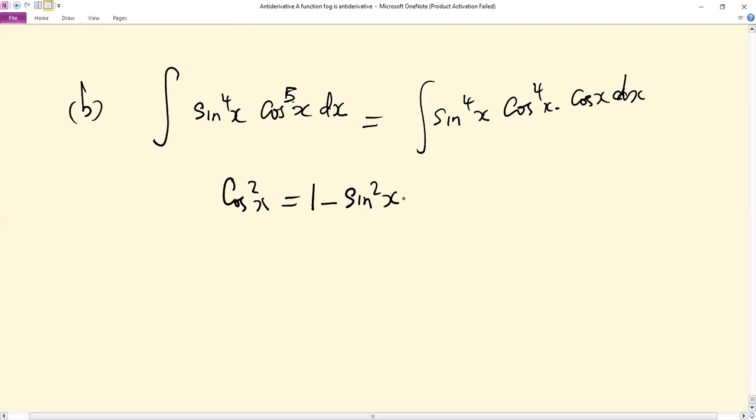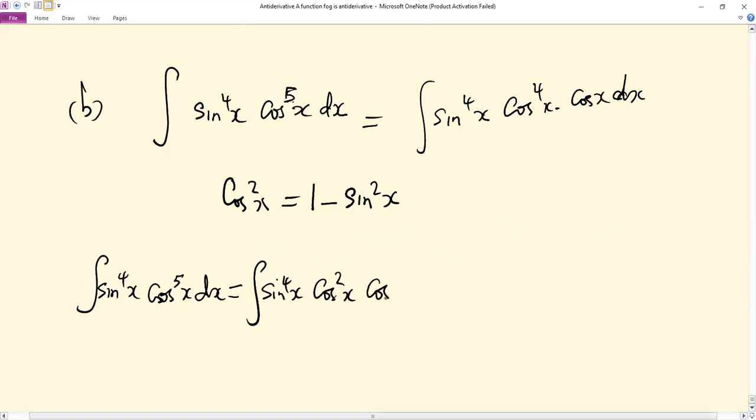So we replace, and remember cos power 4 is the same as cos squared squared. So the integral of sine power 4x cos power 5x dx is the same as the integral of sine power 4x cos squared x cos squared x and then cos x dx.